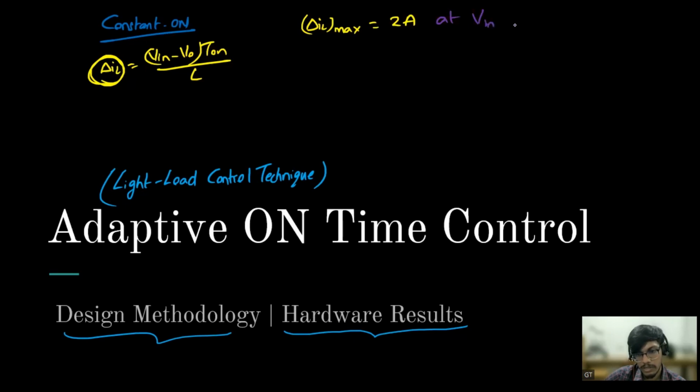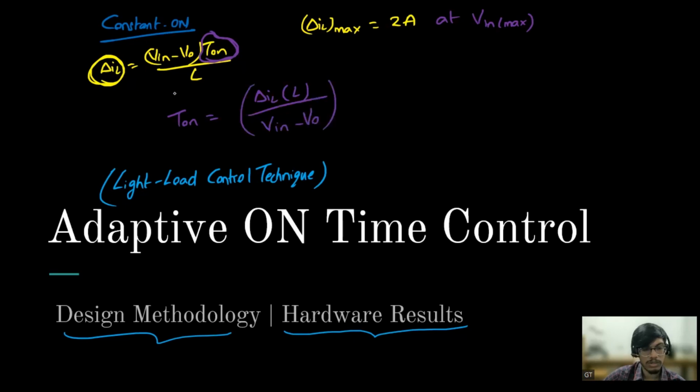Yes. So we'll consider this scenario and then we'll calculate the T on. So at the worst case ripple, what should be the T on? So T on is delta IL into L by V in minus V naught. I'll consider the worst case scenario and I'll calculate the T on. Okay, clear.